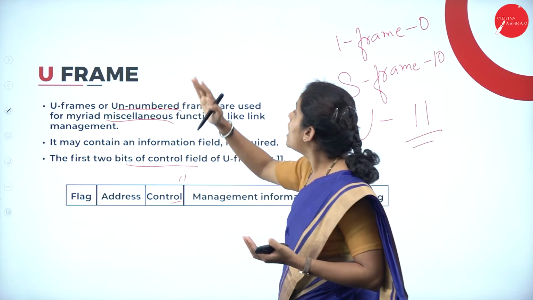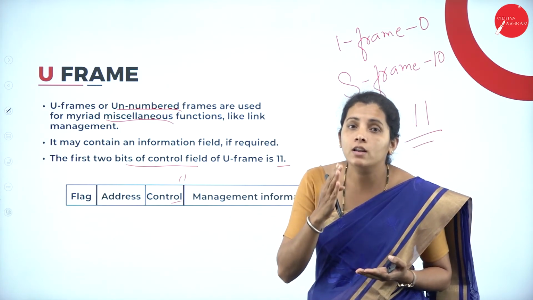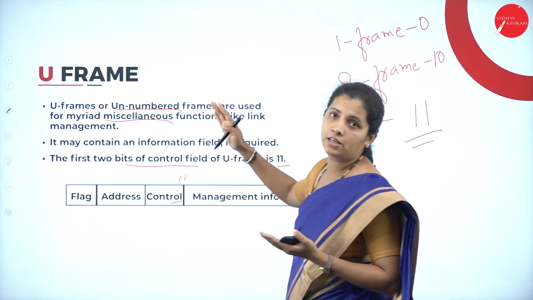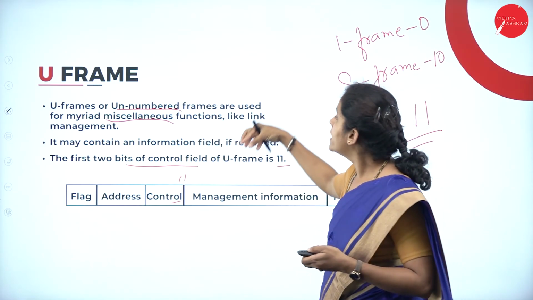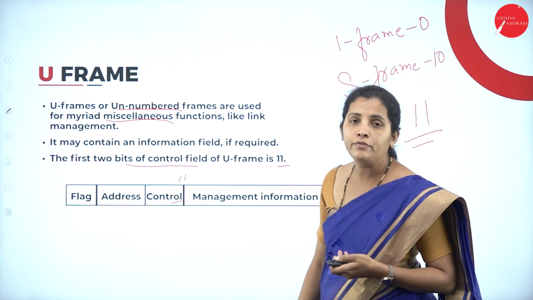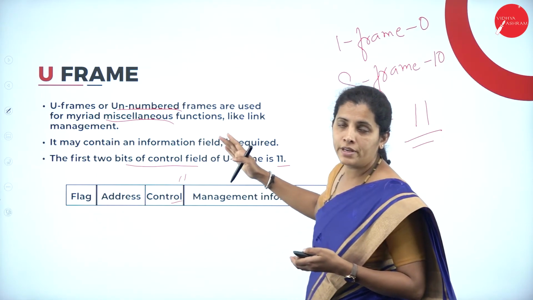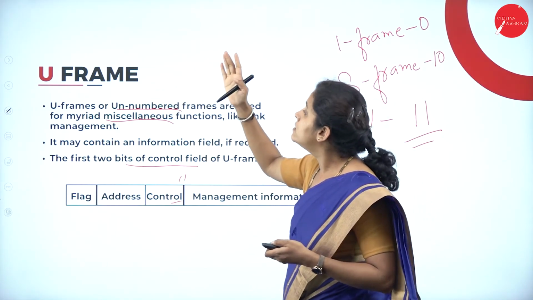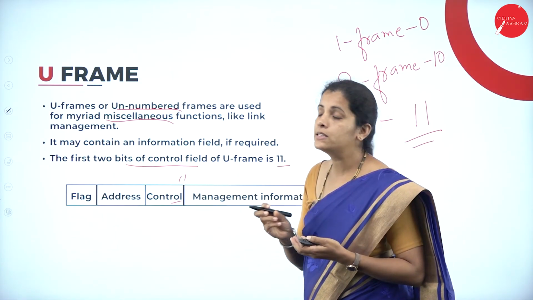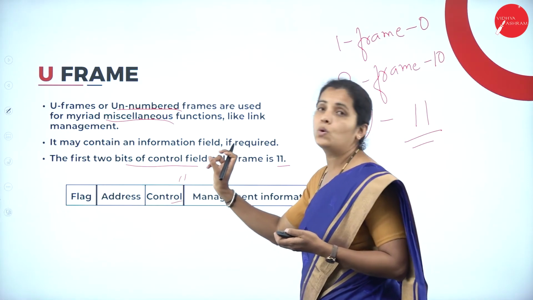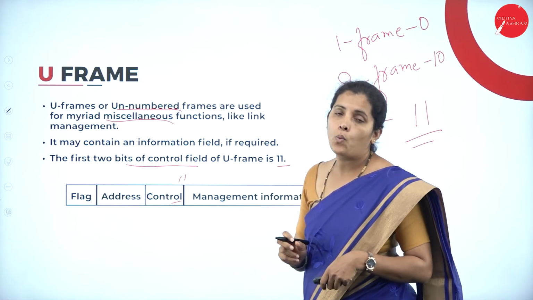U frames are used for a large collection of miscellaneous functions like link management. It does not normally include an information field, but it is possible to include one, and the control field is always indicated by 1, 1.